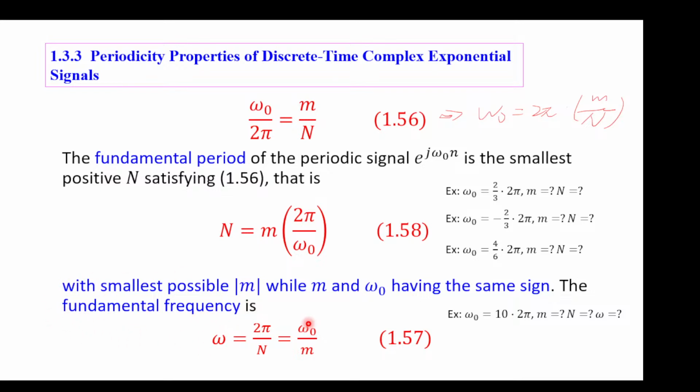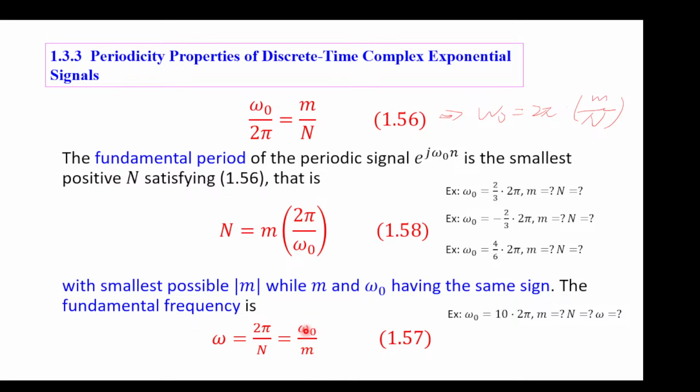The fundamental frequency is actually not equal to this omega naught anymore. For continuous time, omega naught is just the fundamental frequency. But for discrete time, the fundamental frequency is 2 pi divided by n, just like before. And you see that it's not omega naught, it's omega naught divided by m, so the frequency is going to be slower than omega naught here.